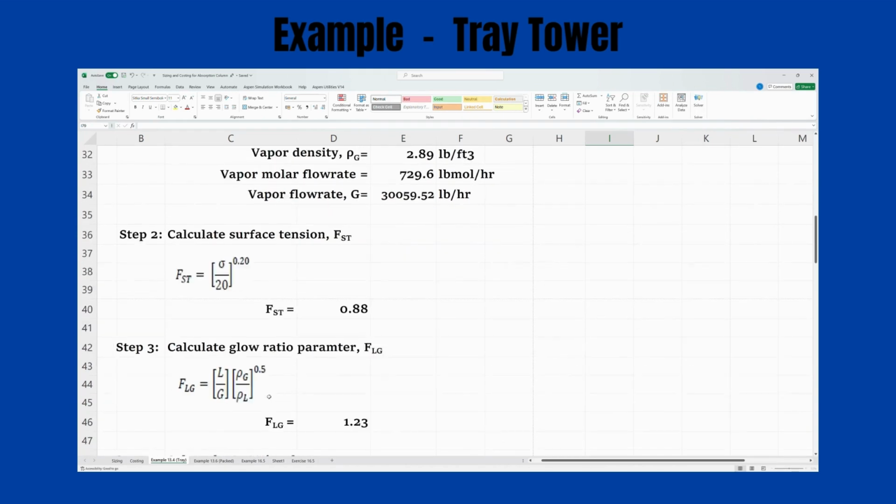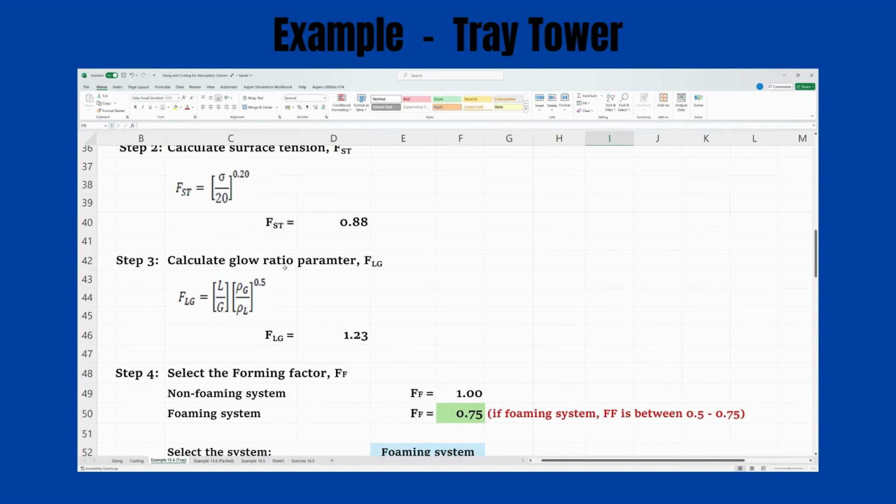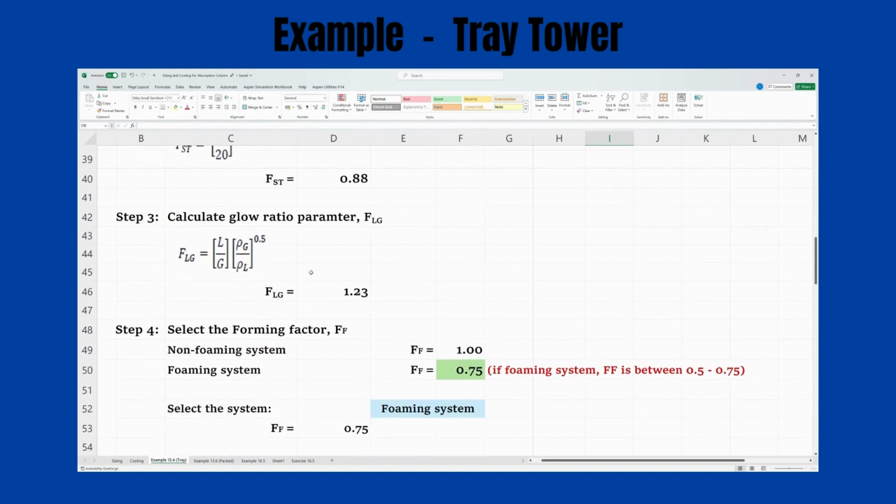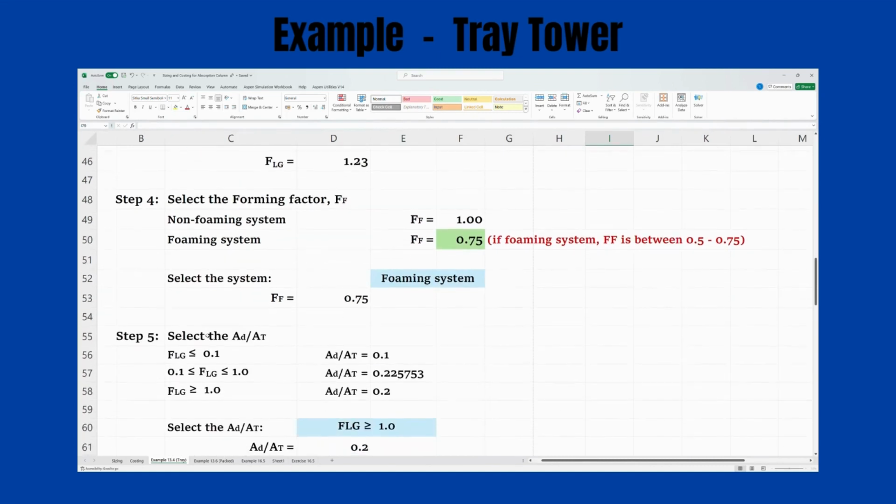So we will calculate it, and then we proceed with step 3, which is to calculate the flow ratio parameter. And step 4, we need to select the foaming factor. So in here we need to insert the foaming system, and the value given in the question is 0.75.